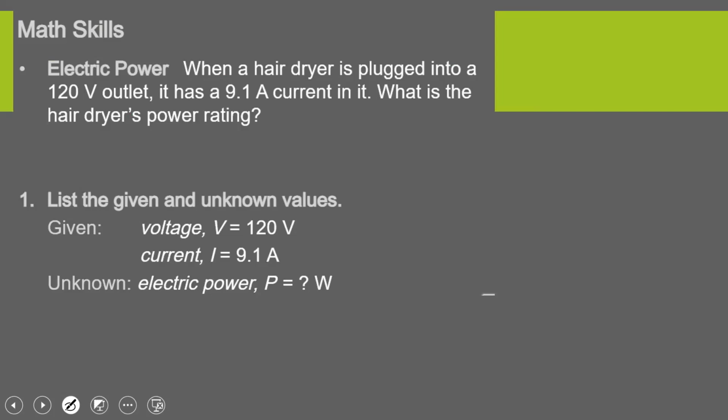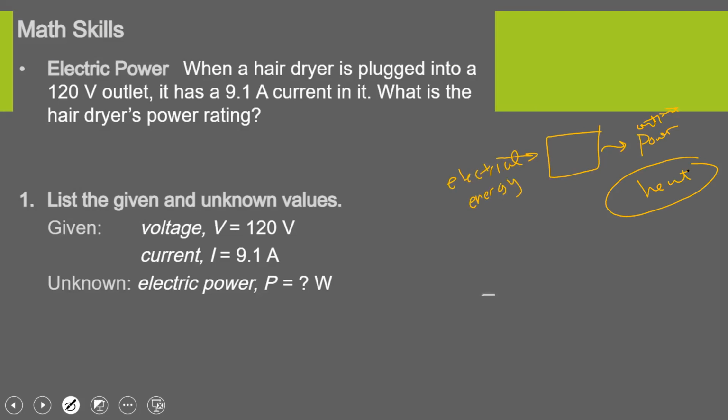The hair dryer is like a machine. The input here is electrical energy, and here we have a power, which is the output. This output power comes as heat, because we know that the hair dryer gives me heat.